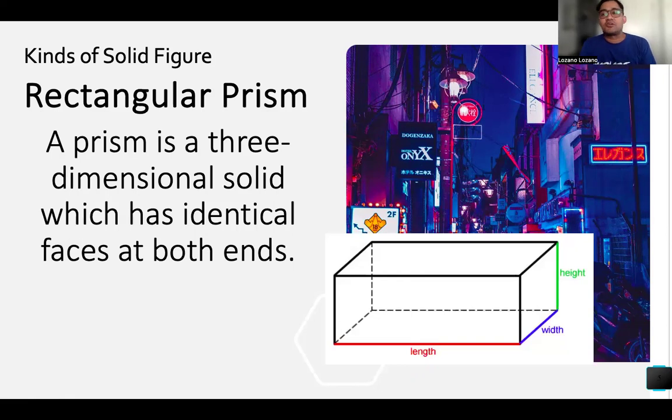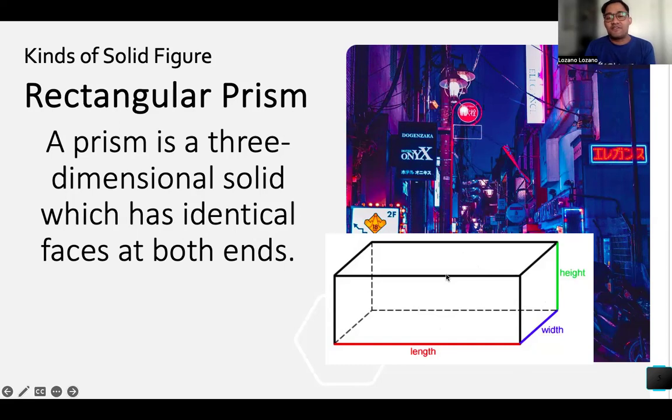So next is rectangular prism. A rectangular prism or a prism is a three-dimensional solid which has identical faces at both ends. Yung both ends niya ay identical. The other faces are also identical. That is rectangular. When we see a rectangular prism, it is 1, 2, 3, 1, 2, 3, 4.